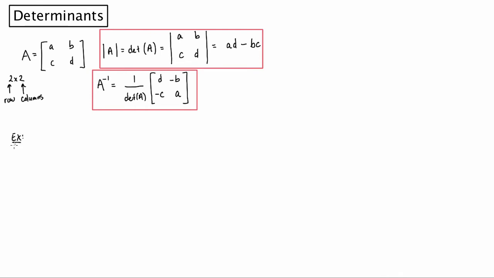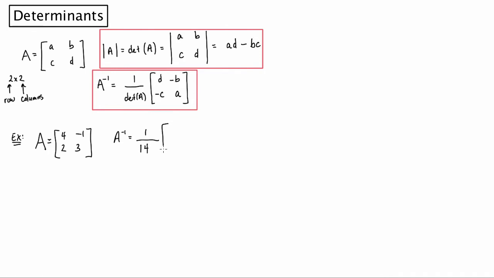So let's find the inverse of the matrix A equals 4, -1, 2, and 3. Then according to the formula, A inverse is 1 over the determinant. The determinant here is 4 times 3, which is 12, minus -2. So minus -2 would be adding 2, so 12 plus 2 is 14.